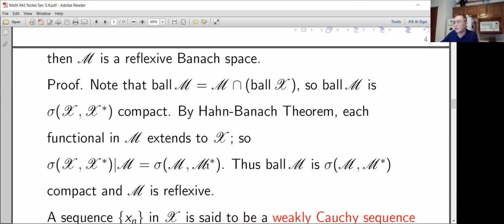Saying the ball of M is compact in this topology is the same as saying the ball of M is compact in that topology. So the ball of M is weakly compact. So by the theorem, M is reflexive.